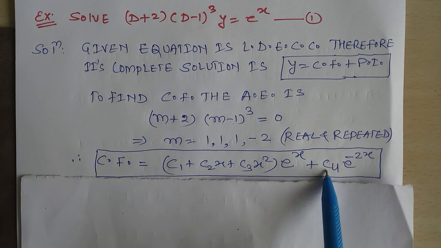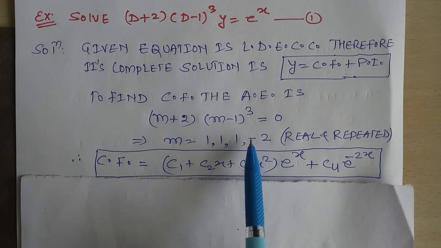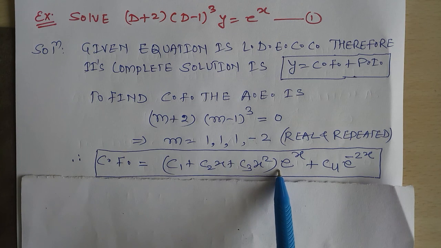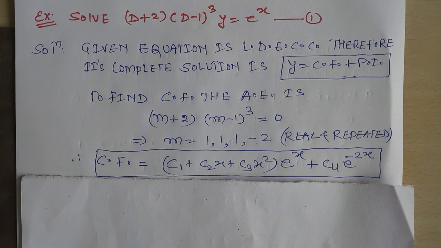Next constant is c4 e power m4x, and m4 is minus 2. So this is for 3 repeated roots, and this is for 1 distinct root, and this is the complementary function of the given linear differential equation with constant coefficients.